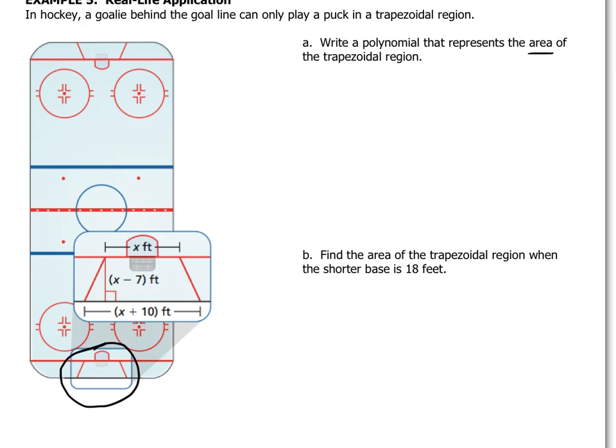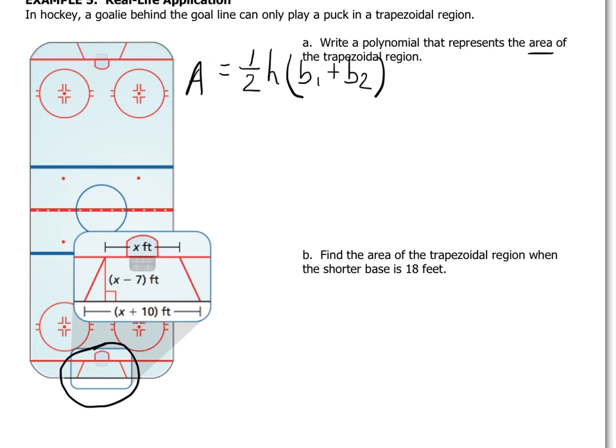Well, area of a trapezoid. So the formula for the area of a trapezoid is 1/2 the height times base 1 plus base 2. Remember, base 1 and base 2 are the two sides that are parallel to each other. Remember, trapezoids always have one pair of parallel sides.